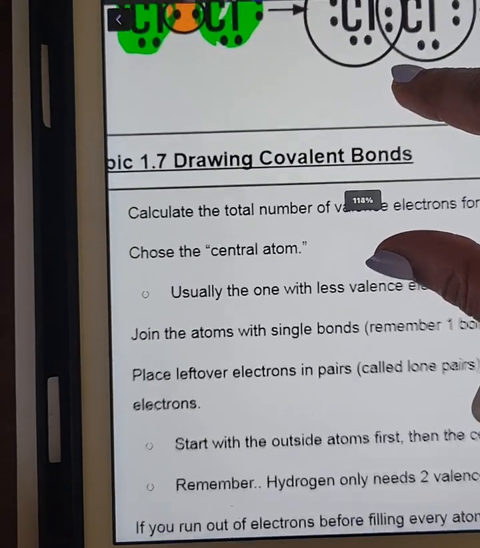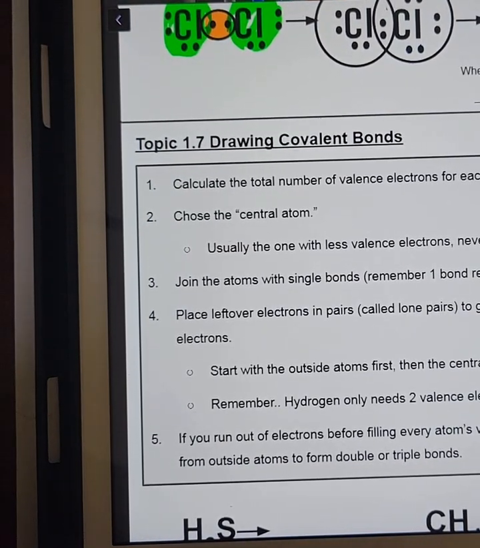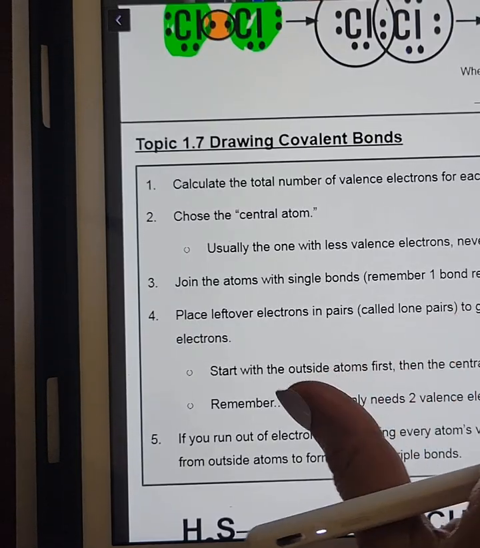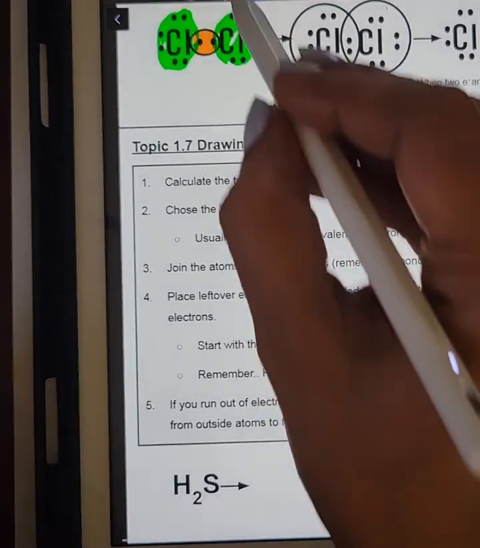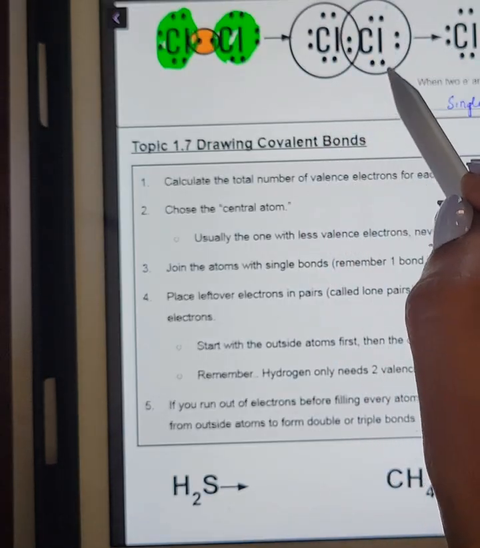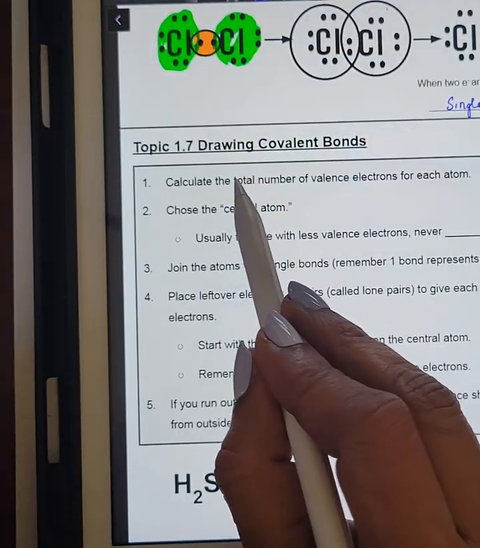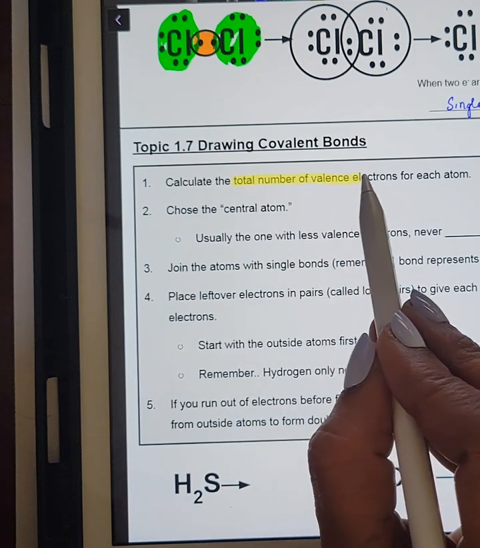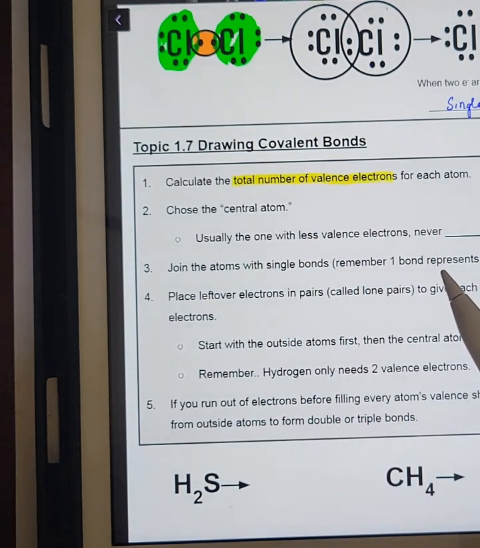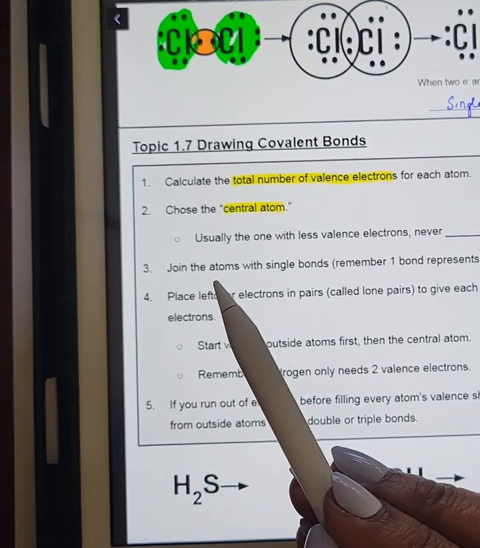Okay, so I'm going to show you how to draw covalent compound molecules. The first rule: calculate the total number of valence electrons for each atom and choose the central atom.